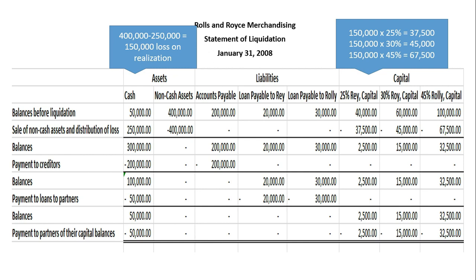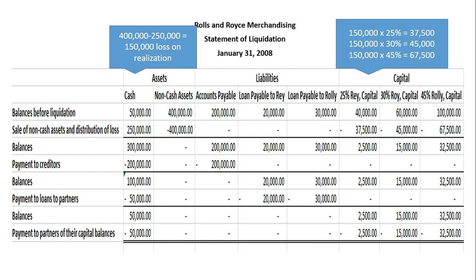So we have settled all of our obligations, all of our liabilities. The last step is to distribute the remaining cash to the partners based on their capital balances. So we have 2,500 for Ray, 15,000 for Roy, and 32,500 for Rolly, which is also equal to 50,000.